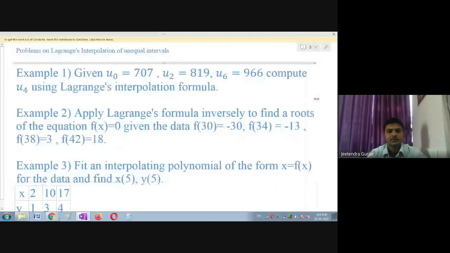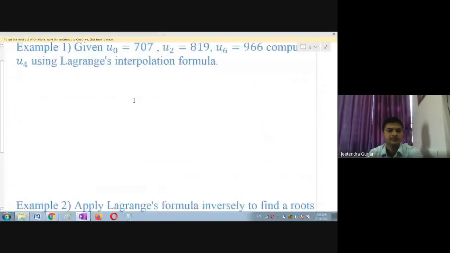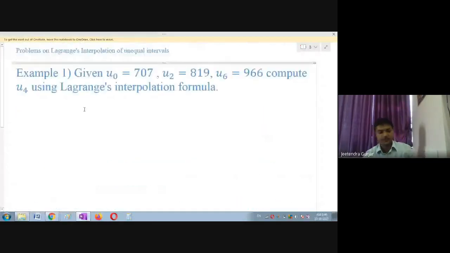Yes, it is quite easy. We will take the first one now. Problems on Lagrange's interpolation for unequal intervals, students.